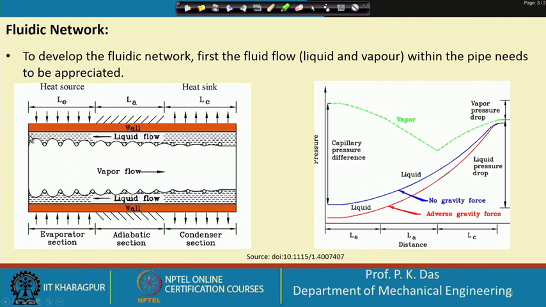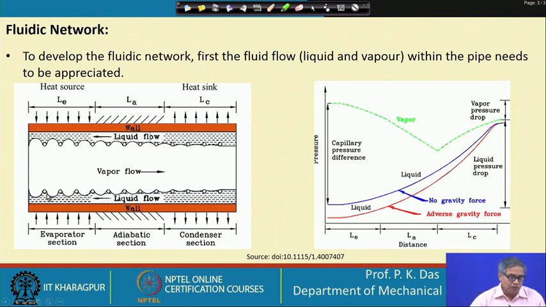So, what we are having, that we are having a heat pipe where there is the working fluid and the working fluid is in the wick region, and as we start transferring heat in the evaporator section, the evaporation of the fluid in the wick structure will start, and then this vapor will flow and it will reach the condenser section.